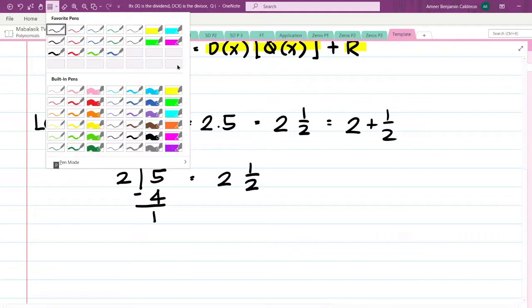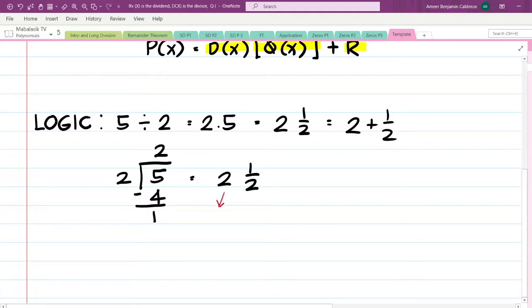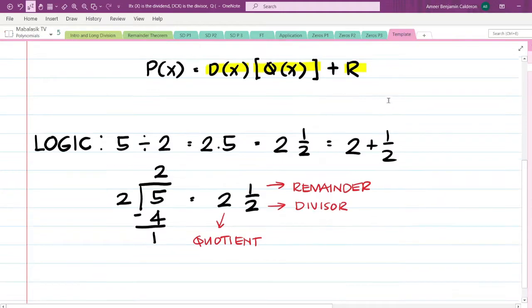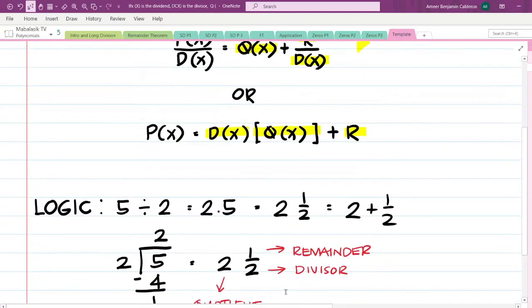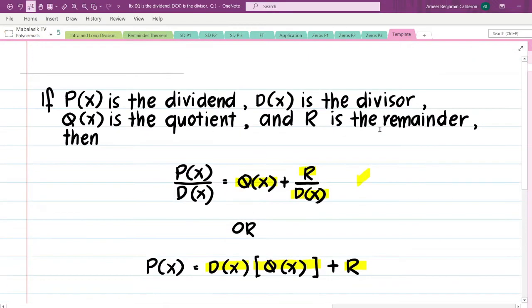We have here 2 as our quotient, 1 as our remainder, and the other 2 as our divisor. Same is true with this notation. We have the quotient plus the remainder over the divisor. This is the notation that we are going to use.